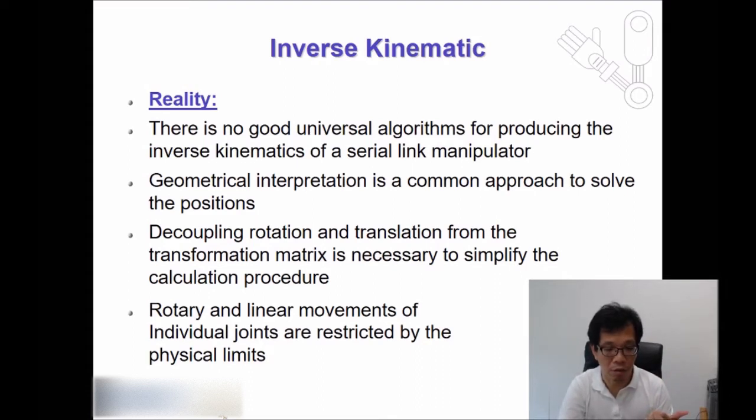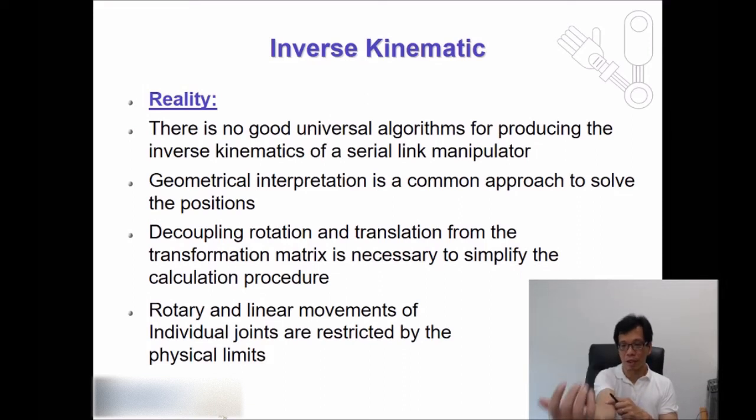Also, rotary and linear movements are restricted by physical limits. For instance, if you are designing a robotic device for human arms, I think we have an assignment in module 2 talking about this kind of problem, then the joint between your forearm and upper arm is not 360 degrees.